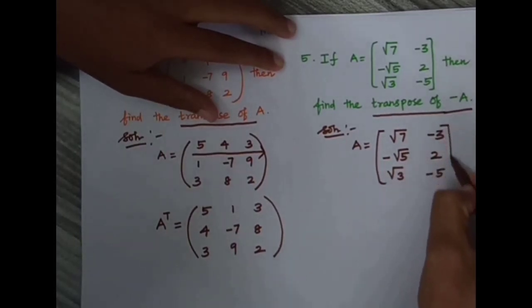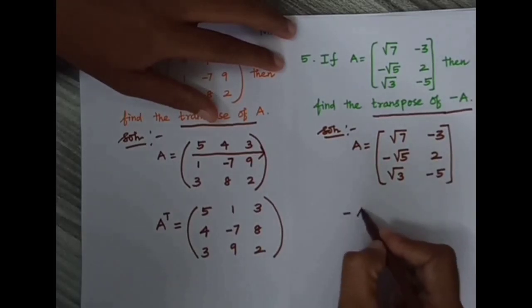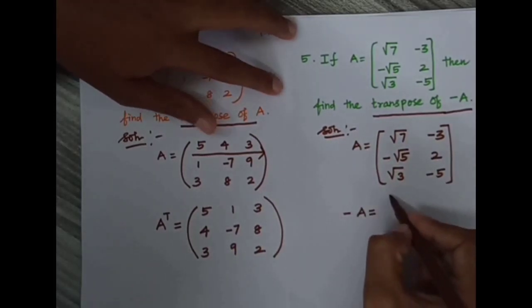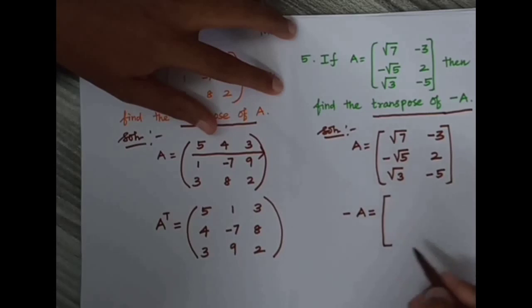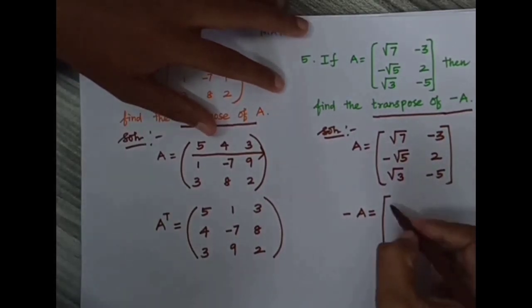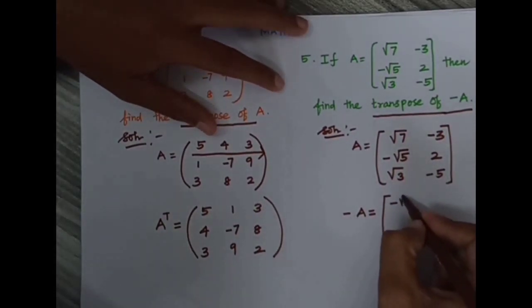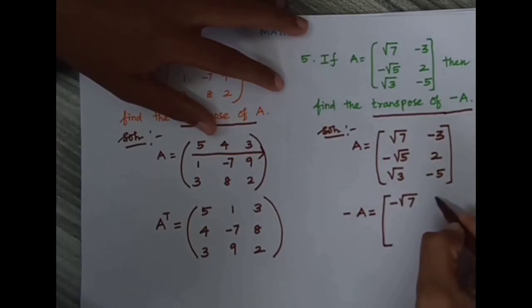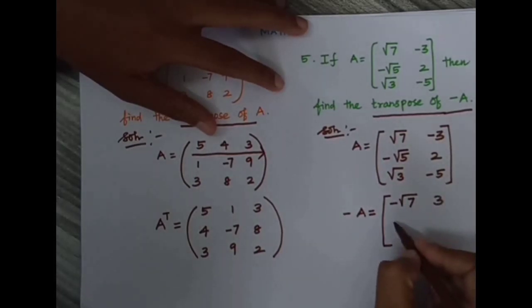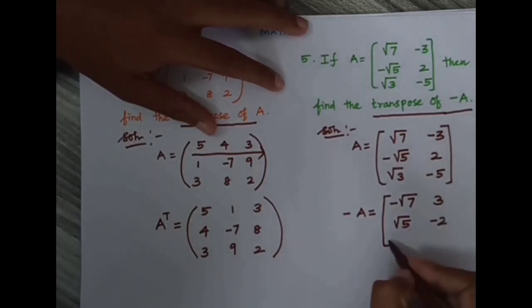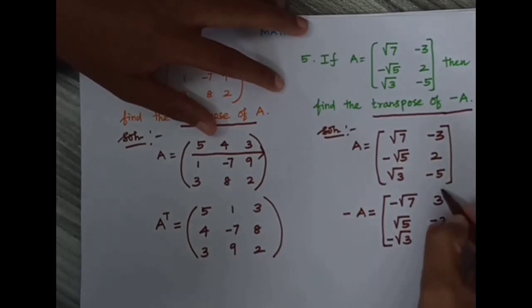Minus A is nothing but just change the sign of the elements. So here it becomes minus root 7, 3, root 5, minus 2, minus root 3, and finally 5. This is minus A.